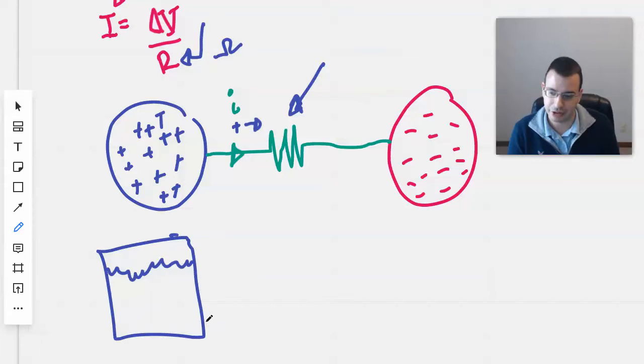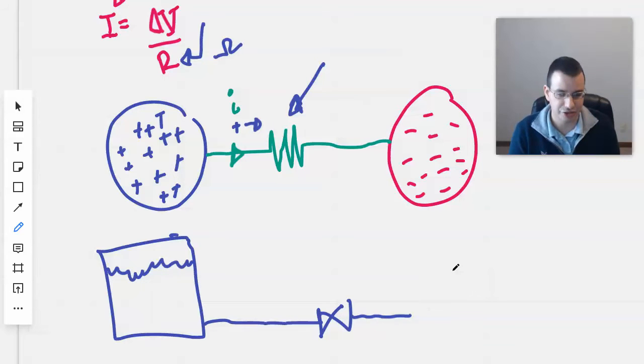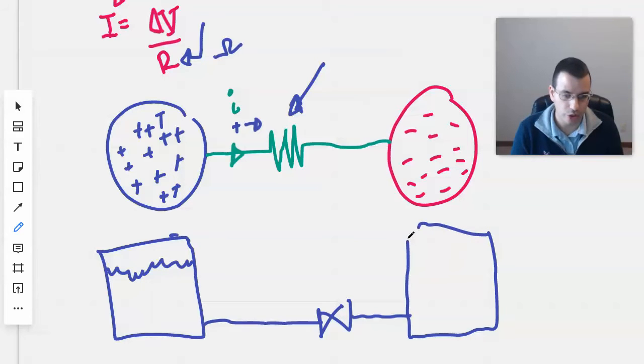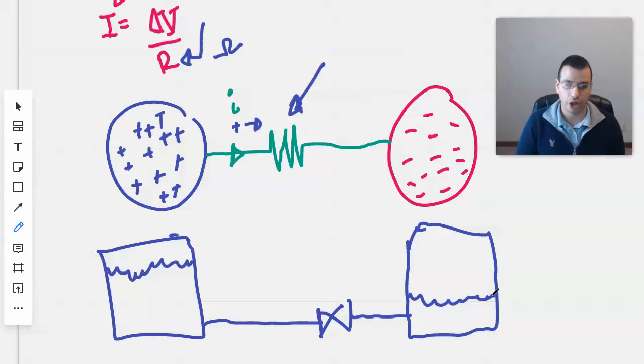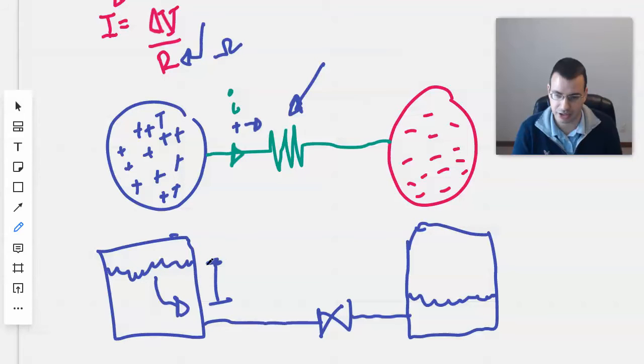And then we have some sort of pipe, and there'll be some sort of valve, which offers some sort of resistance to flow. And then we have another tank with very little water in it. Well, you could find the flow of the water from one to the other by looking at the difference in height. So this will create some sort of pressure due to gravity.